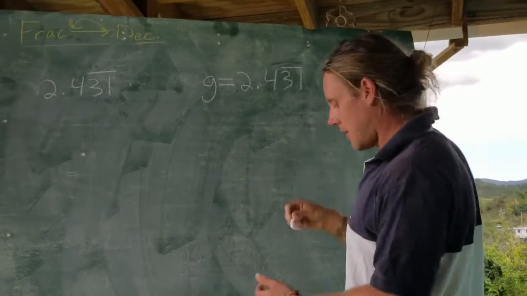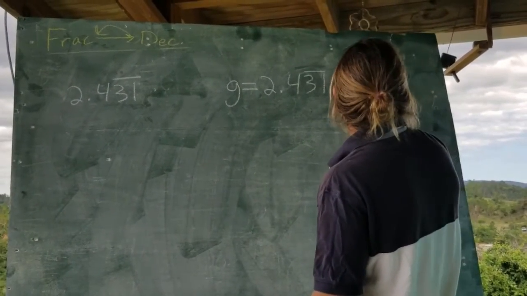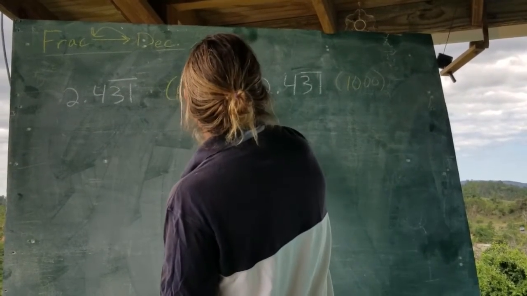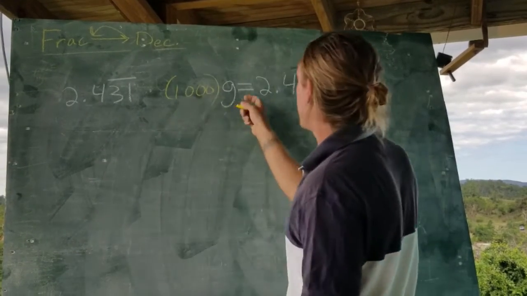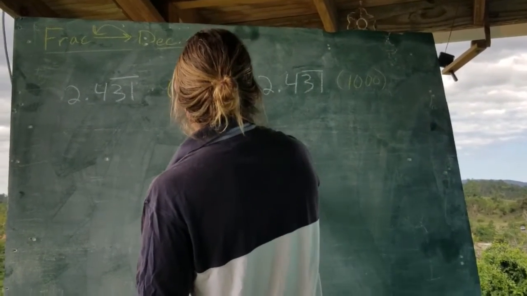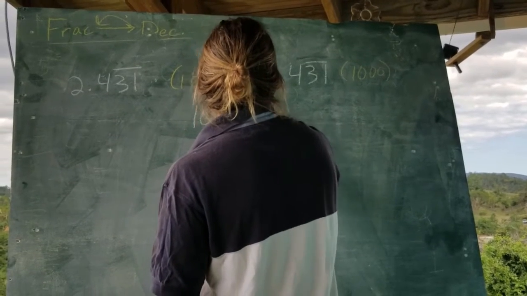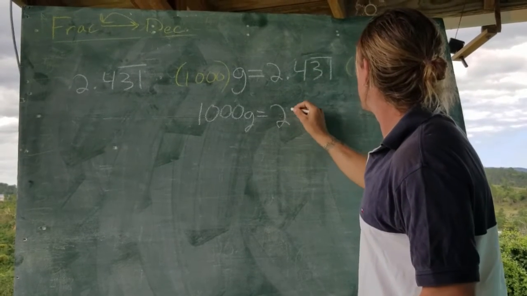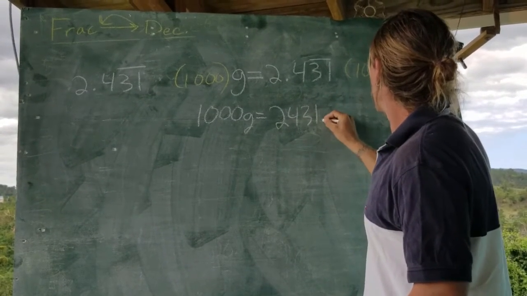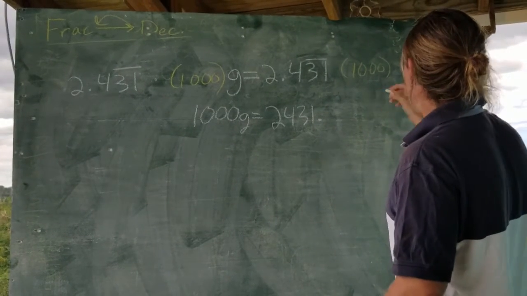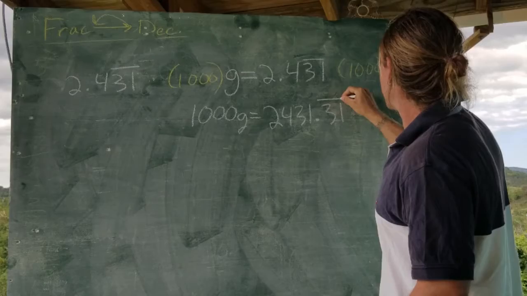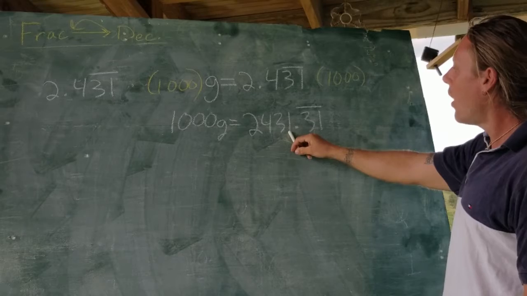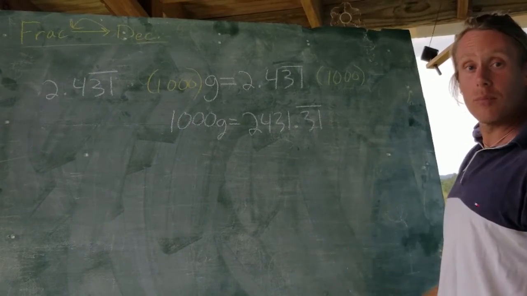So let's multiply both sides by 1,000 to move this decimal, and it'll give us a little wiggle room, so to speak. 1,000 times G is 1,000G, which is equal to 2,431.31 repeated, and remember, this 3, 1 repeats forever.